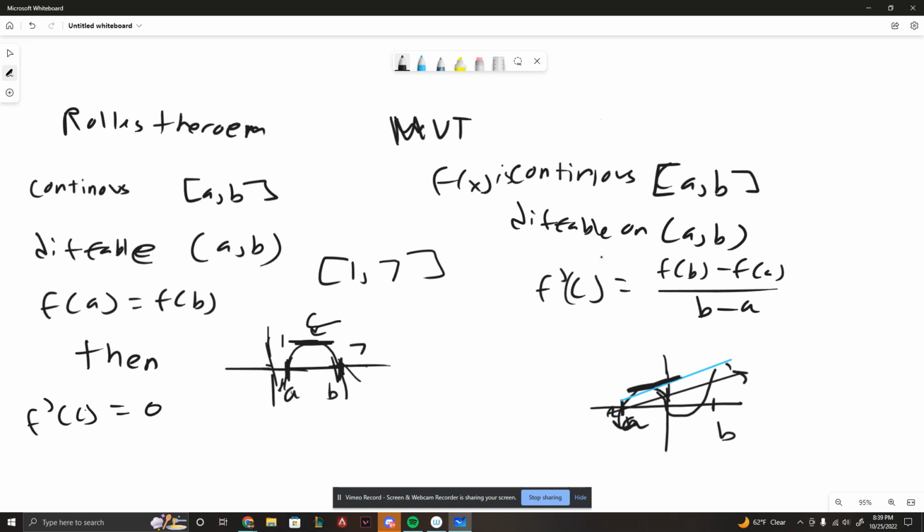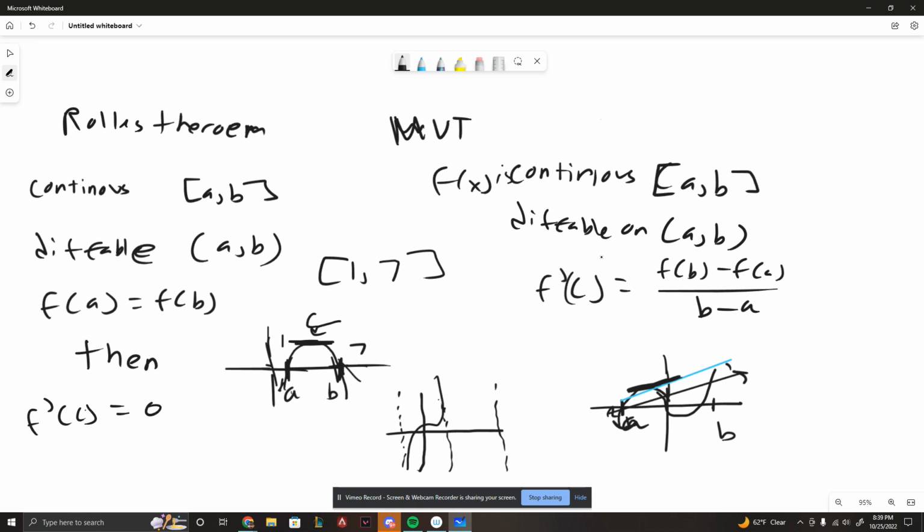If something isn't continuous on that closed interval of a to b or differentiable on that open interval, it doesn't work. So, for example, if you thought you could apply this to the tangent function, that means we have some asymptotes, and it goes like this.